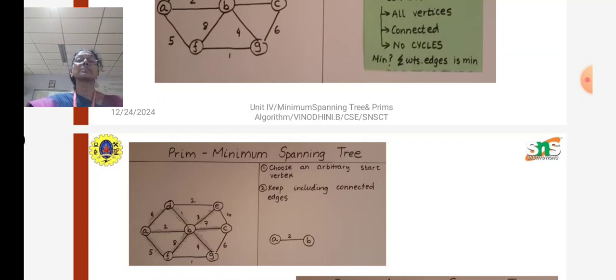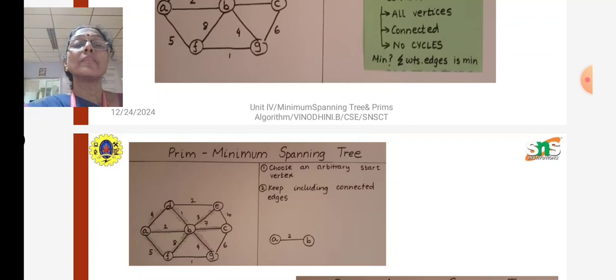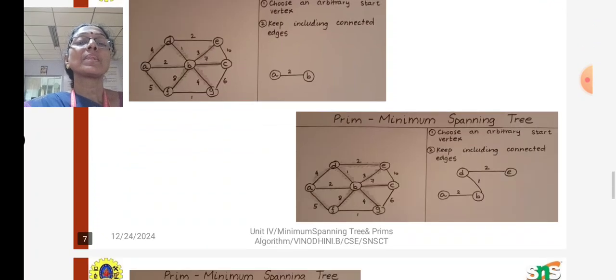In that graph, from A we have D, B and F. From A to D the weight is 4, from A to B the weight is 2, and from A to F the weight is 5. From A to B the weight is the minimum, so select that vertex.